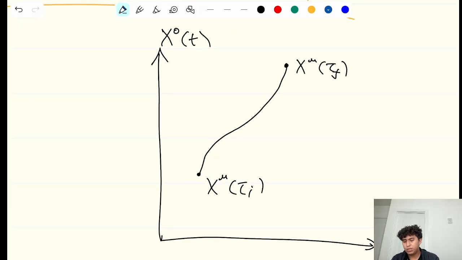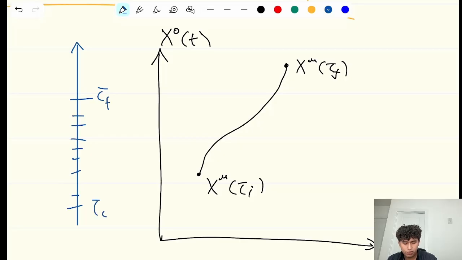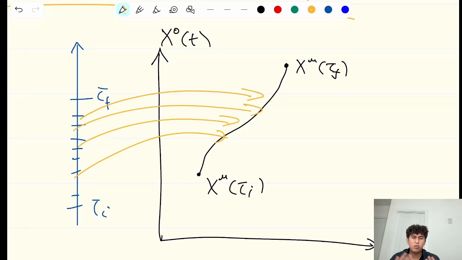Basically, a parameterization is a real axis, or some 1D space, with little grids that go from tau initial to tau final, and this is just a mapping, like a function. The only condition for the parameter is that it has to always increase, so that every point in the line gets covered.